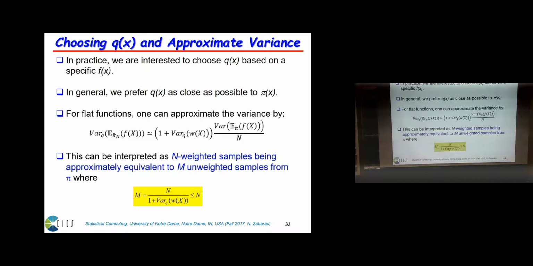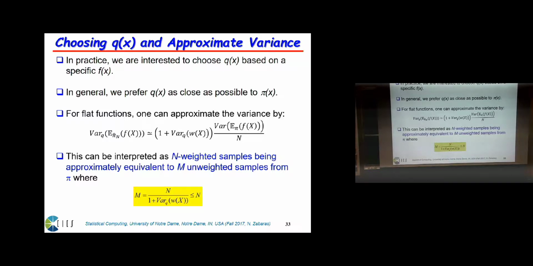And basically it says, well, you know what? The variance of this estimator is not your Monte Carlo variance, which is the variance of this divided by n, but it's really this times one factor that is 1 plus the variance of the weights on the Q. So effectively what it means is if you collect n weighted samples, they come up to be equivalent to n divided by this factor of unweighted samples with standard Monte Carlo.